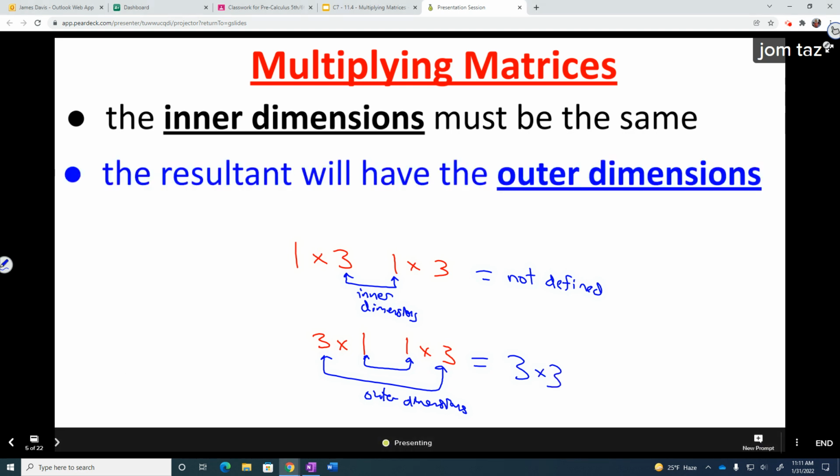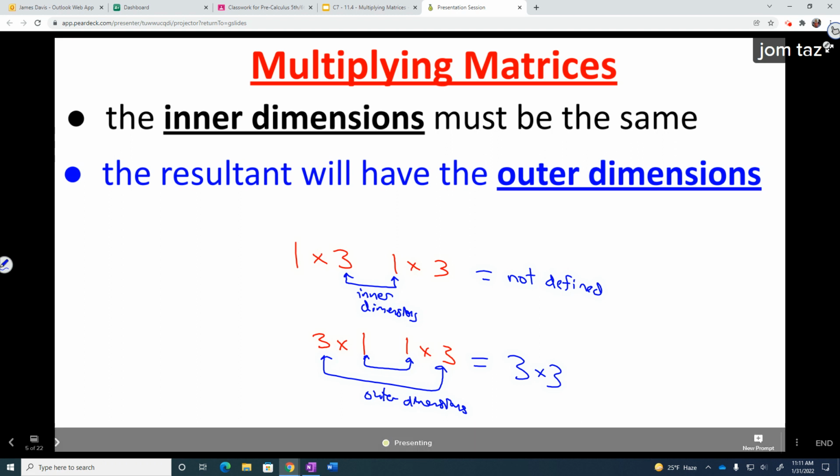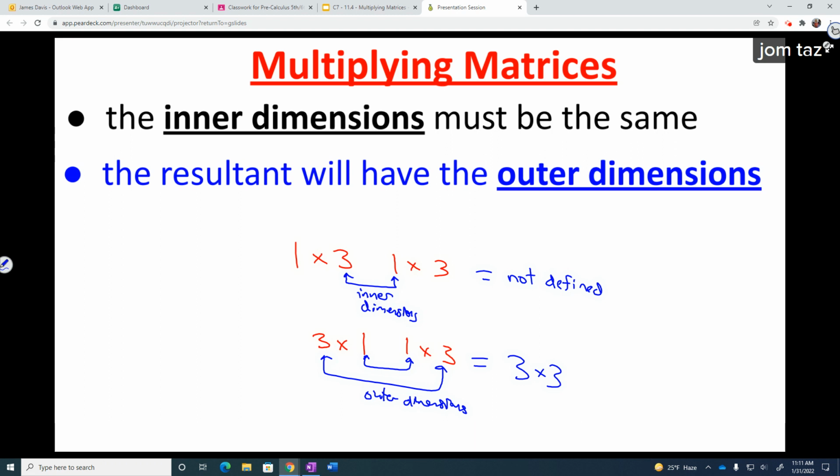We say the resultant, that just means the answer in matrix terms. The resultant will have the outer dimensions. So the answer is going to be a 3x3 matrix. They have to be the same in the middle. If they are the same, then our answer is going to be the outer dimensions.